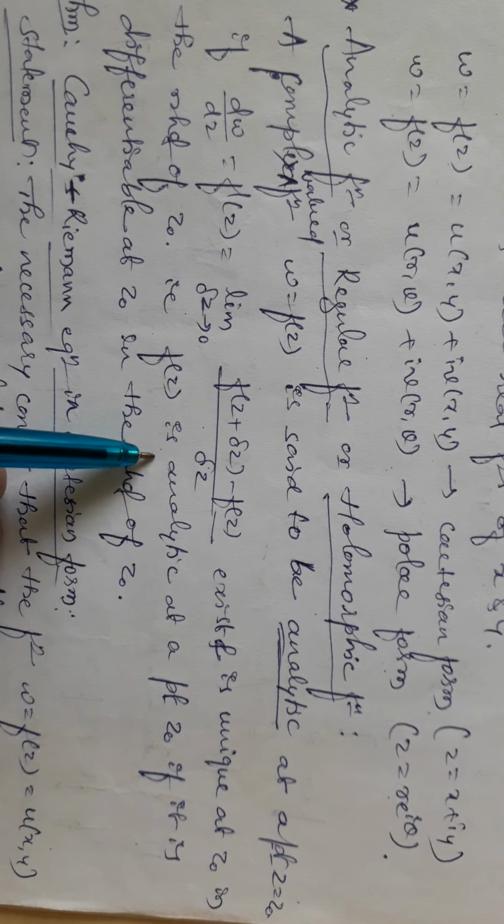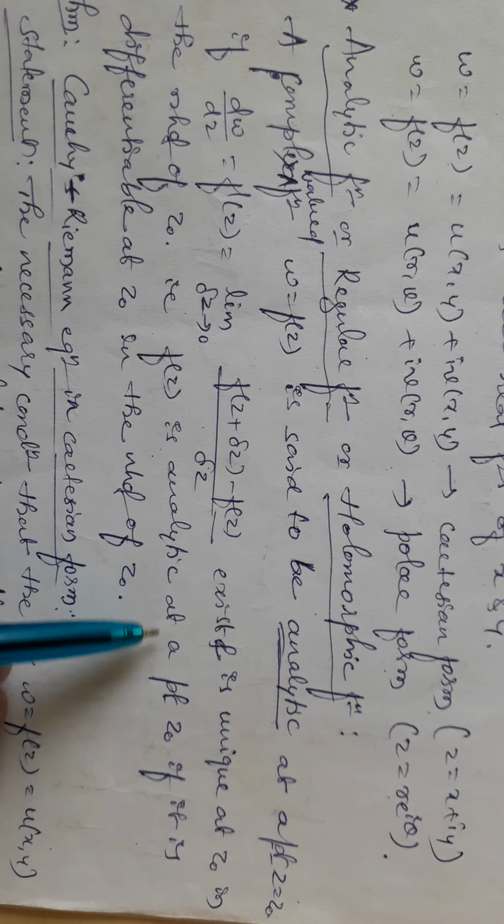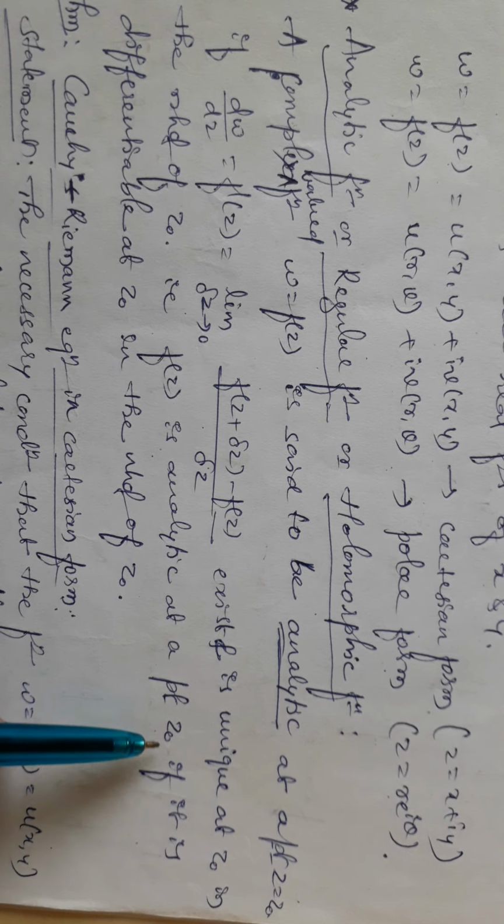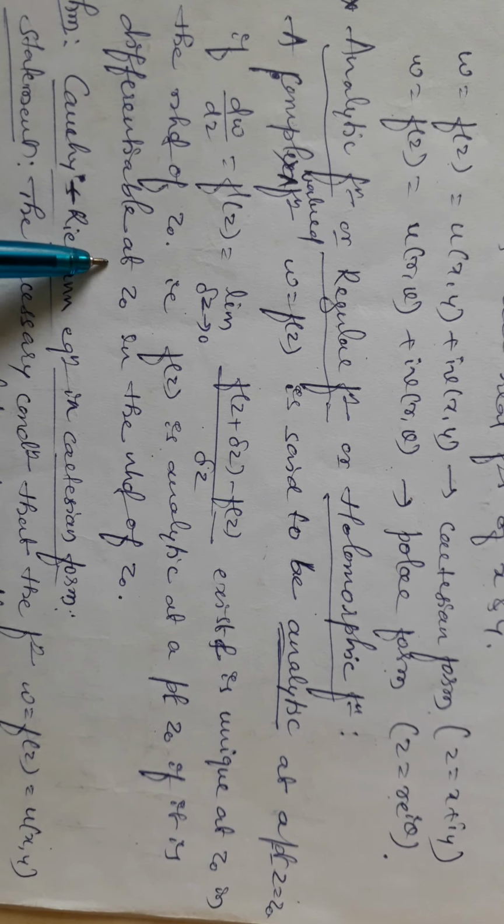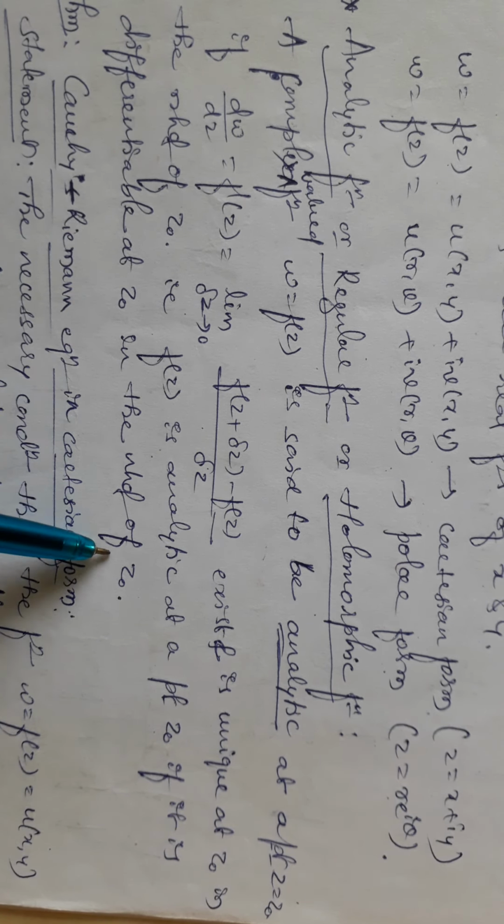That is, f of z is analytic at a point z naught if it is differentiable at z naught and in the neighborhood of z naught.